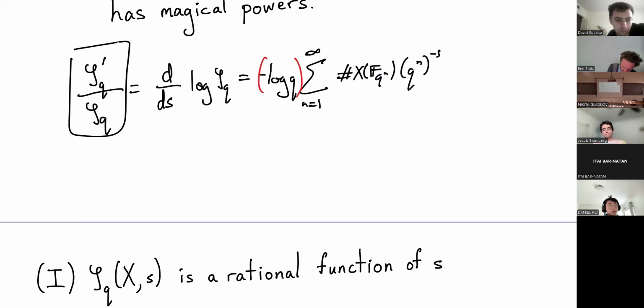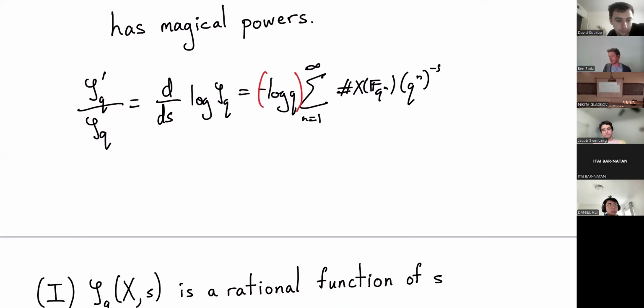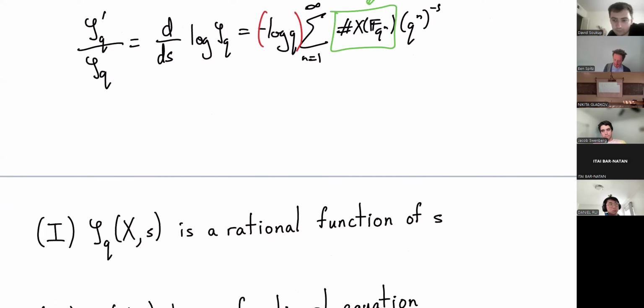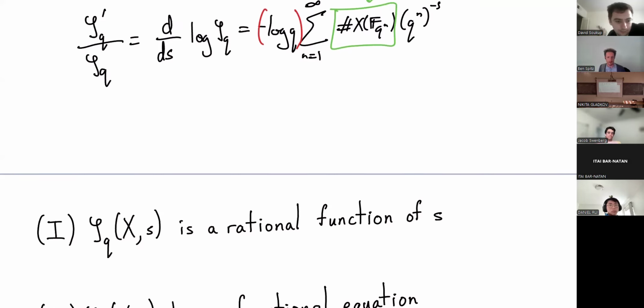And you can deduce from this, by normal generating function techniques, that these numbers satisfy some kind of linear-ish recurrence relation. That comes from the fact that this guy's a rational function. And the degree of the numerator and denominator will determine how complicated that recurrence relation is. Okay, so that's pretty cool.